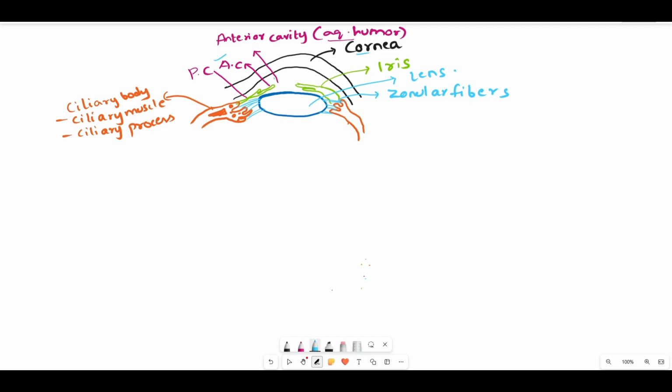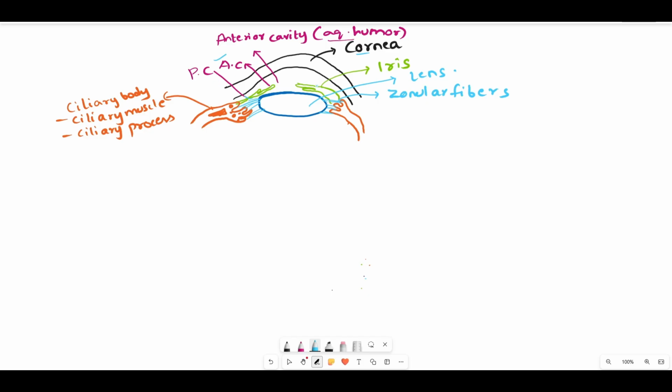The posterior chamber is the space present between the iris and the lens.